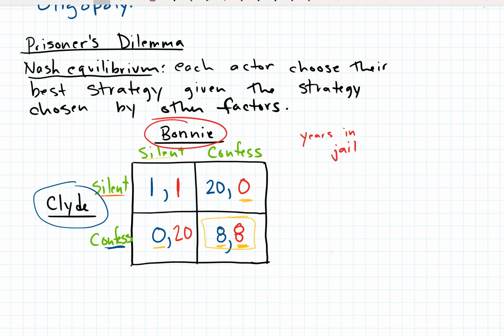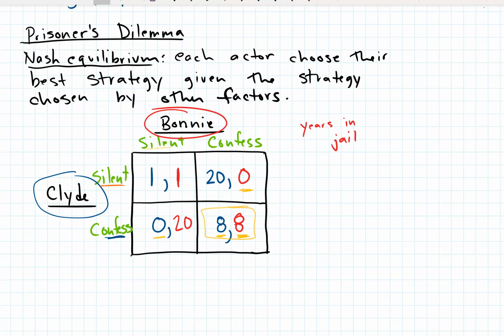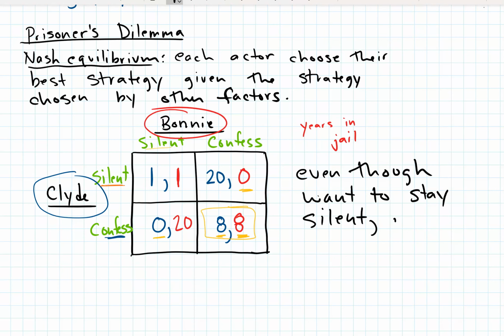And so we get this idea that the silent outcome in this case is called the cooperating equilibrium, because they're cooperating with each other, not with the police. So even though they want to stay silent because it's better for them, it's difficult to hold together, right?